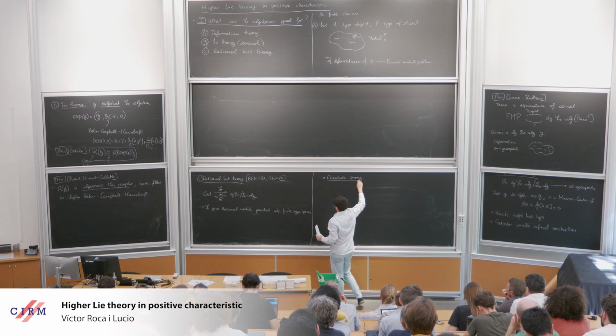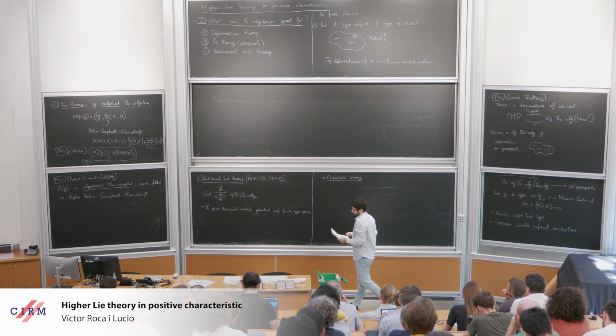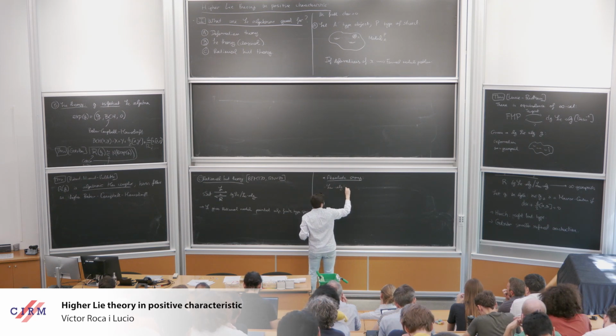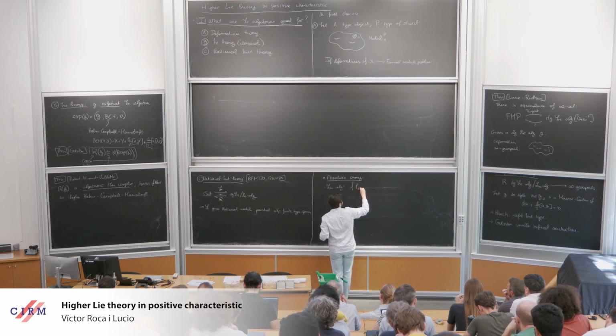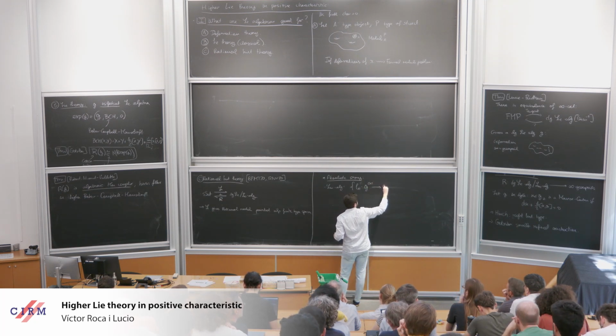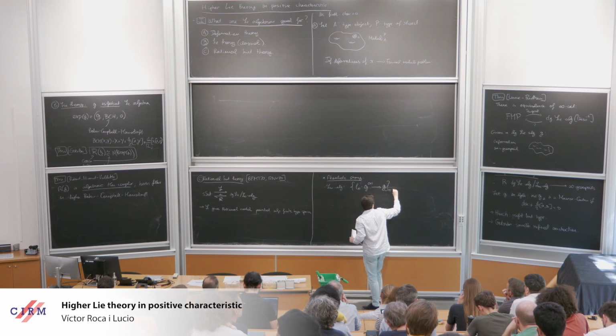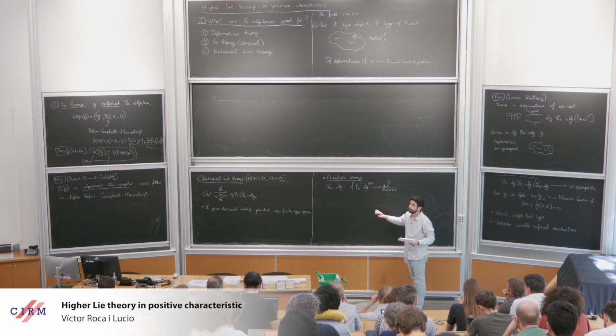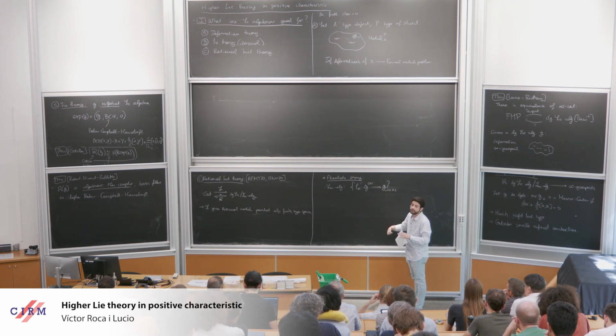So the absolute story. Okay, so let me recall that an L-infinity algebra is given by a collection of symmetric operations for n bigger or equal to 2 on a chain complex g. They satisfy some relations that you can think of as, well, the bracket is not Jacobi, but it's Jacobi up to L3, and so on and so forth.